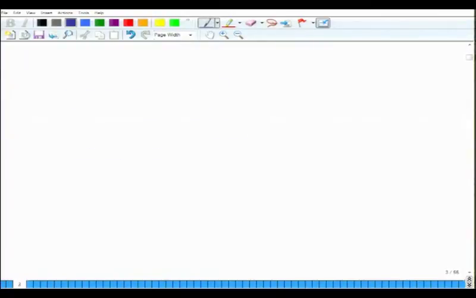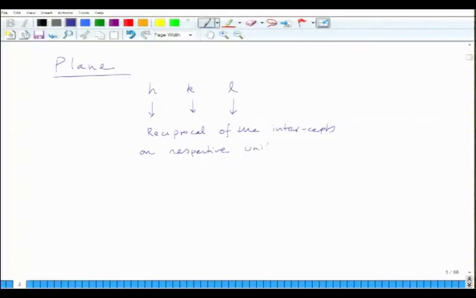As we saw, for a plane the procedure is: HKL are nothing but the reciprocal of the intercepts on the respective unit cell lengths, converted to the smallest set of integers.